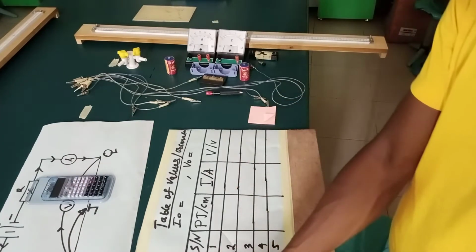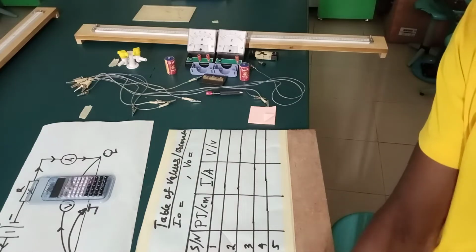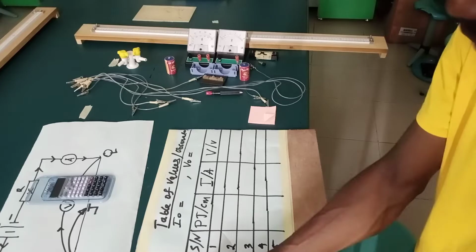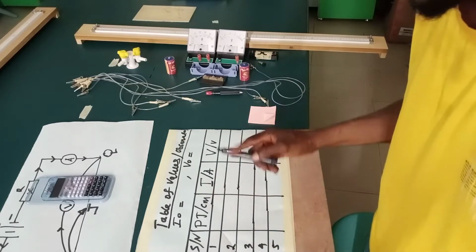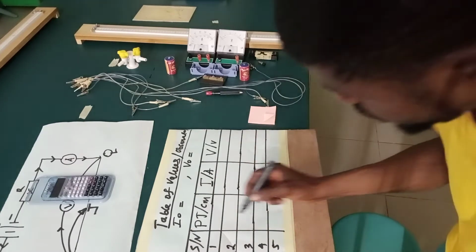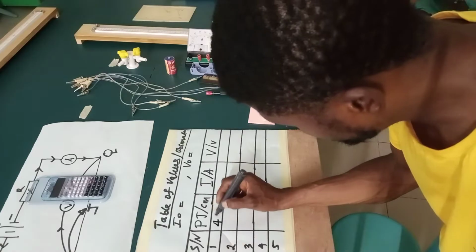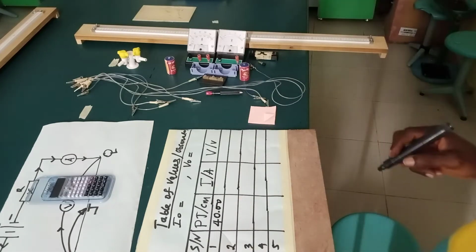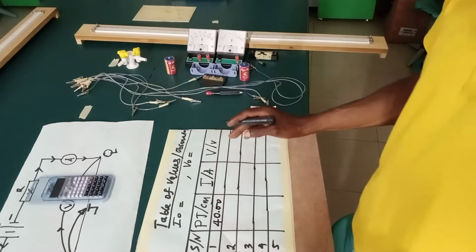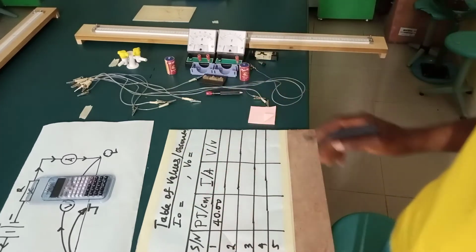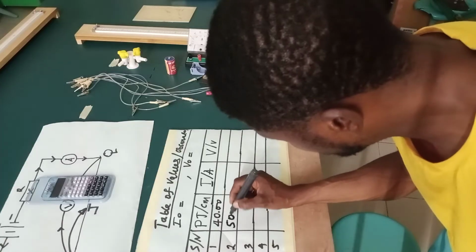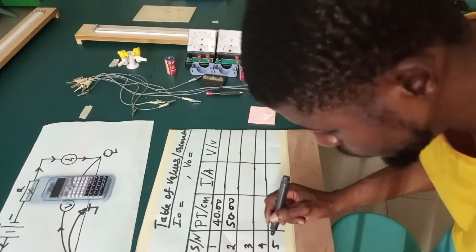The next thing we want to do right now is to connect the circuit diagram the way it is. But then let's quickly enter the values of pj. The first value was 40 cm. So write 40.00. Don't write 40. Everything here, we are going to record to 2 decimal places. The next one is 50.00.